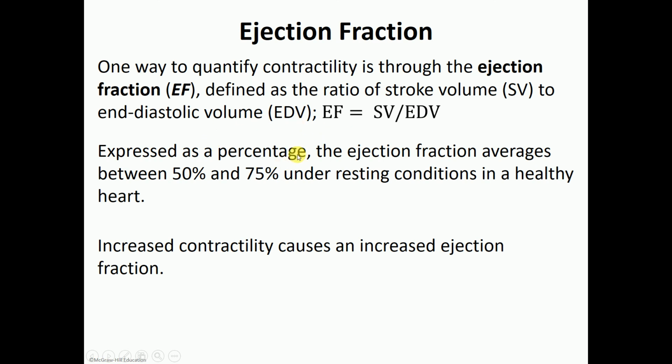On average, for healthy hearts under resting conditions, the ejection fraction should range somewhere between 50 to 75%. Decreases in ejection fraction tend to mean that the heart is failing. It is no longer able to eject as much blood as it should per contraction. Any increase in contractility, so an increase in the force of contraction, will lead to an increase in that ejection fraction.